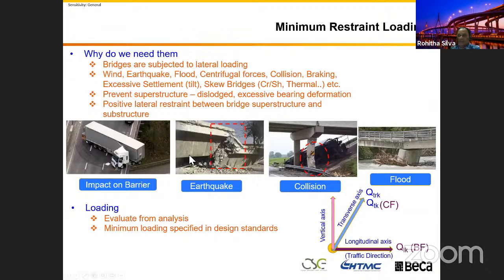That all, the thermal, creep and shrinkage, all cause lateral load on the bridge. So then to prevent the bridge superstructure from dislodging or excessive deformation in the bearing, we need to provide positive lateral restraint between the bridge superstructure and the substructure.